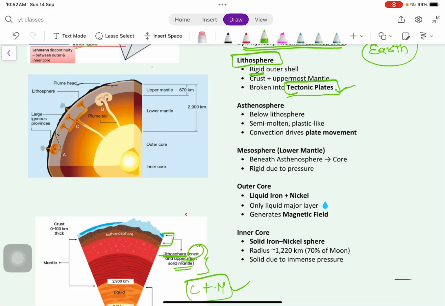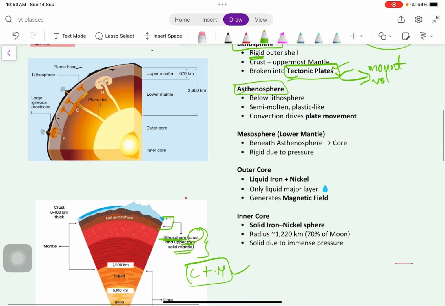What are these tectonic plates? Because of these tectonic plates, mountains, volcanoes and earthquakes are happening. Regarding the tectonic plates, we will discuss in another topic, okay? But here what we need to remember is that the lithosphere is broken into different plates and these are floating on the layer below it, the asthenosphere, which is semi-molten or plastic-like.